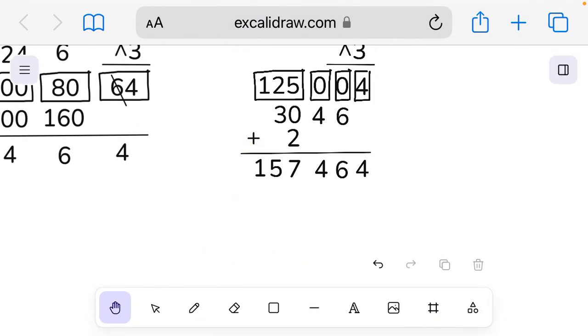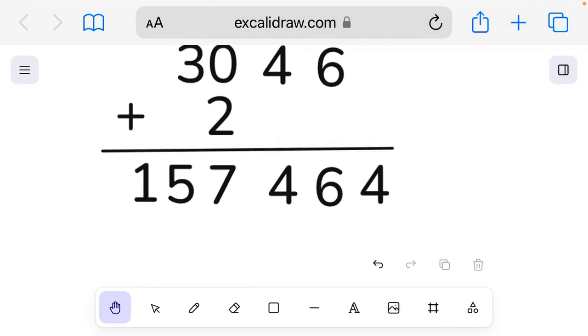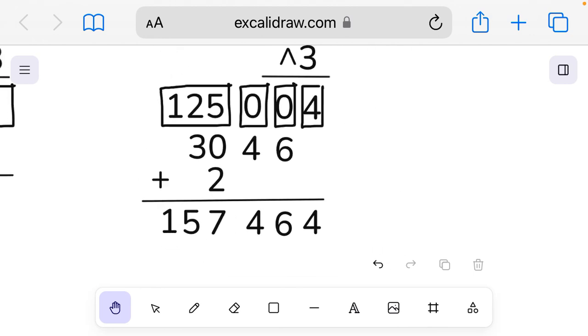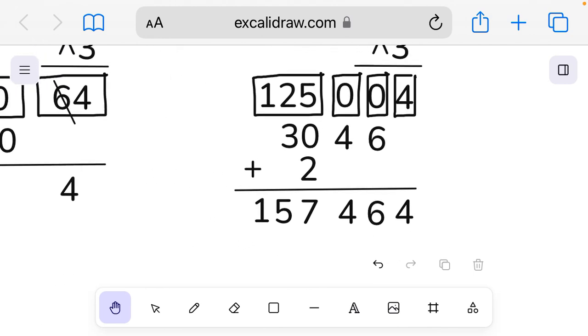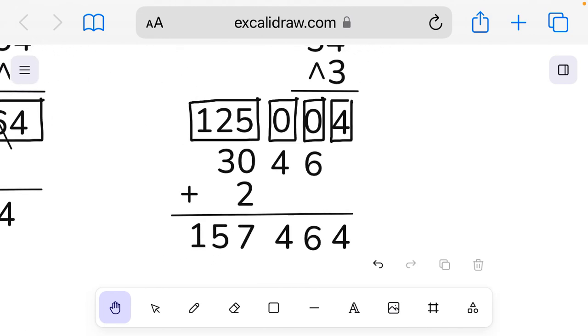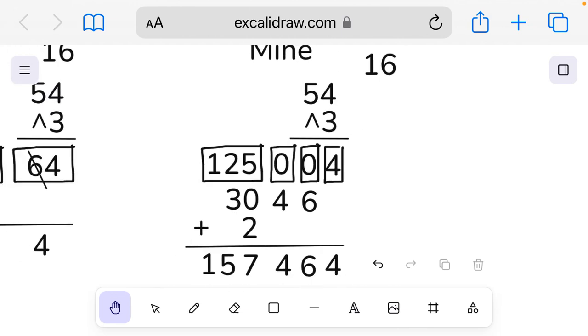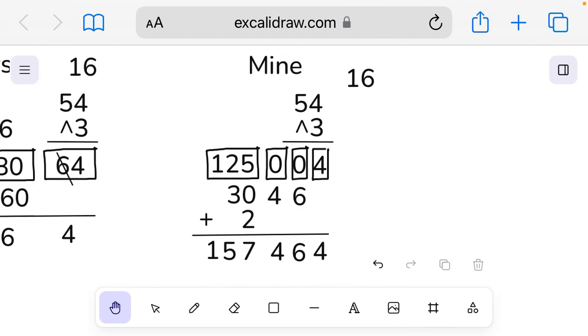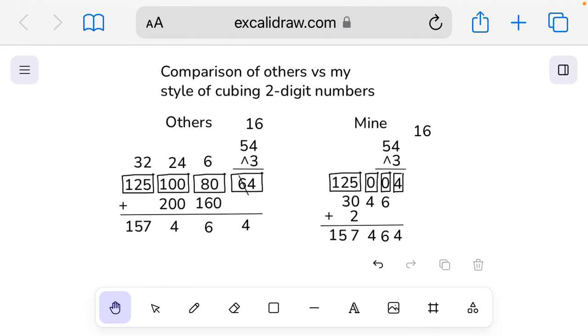So yeah, we get the same answer, but mine is a little bit better since you only have to do 1 digit per column. It's like multi-digit addition. So yeah, those are the differences.